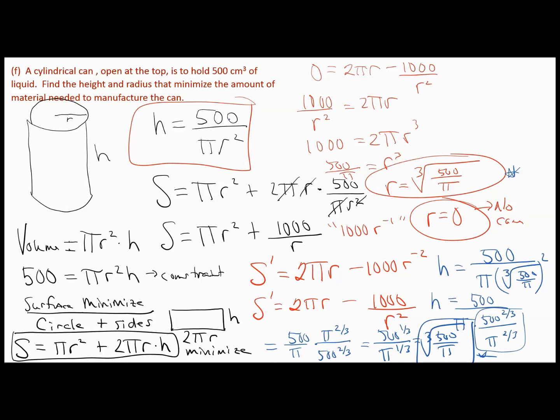And so we had to check those endpoints, whereas this one, we didn't even check the endpoints. What you really could consider for the endpoints here is if the radius was 0, that won't give you a figure. If the height is 0, that won't give you a figure. So we're talking this r equals cube root of 500 over pi is going to be the one to minimize your surface area.